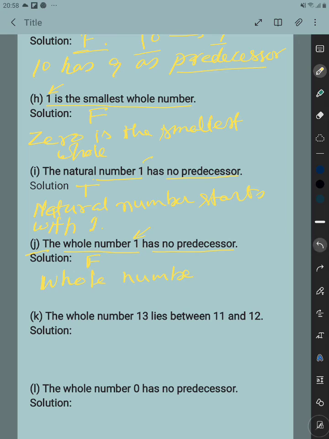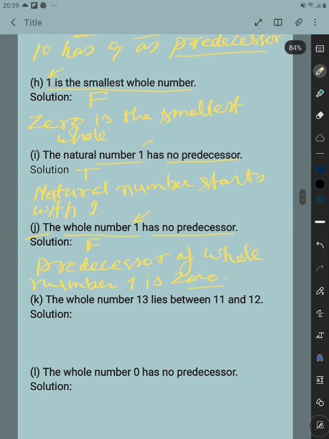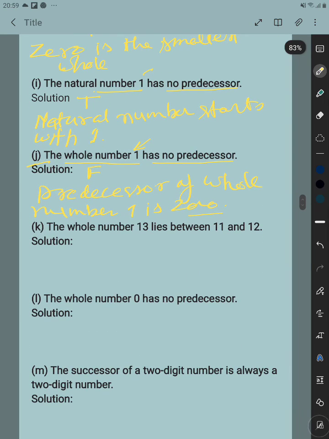I have to write it like this: the predecessor of whole number 1 is 0. Therefore it is false.